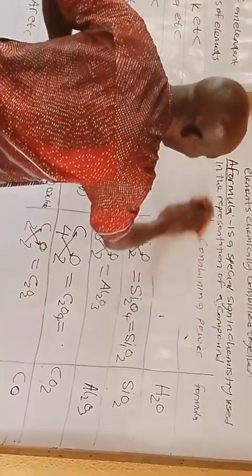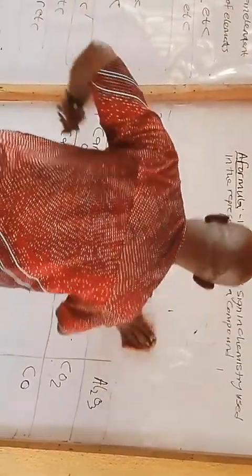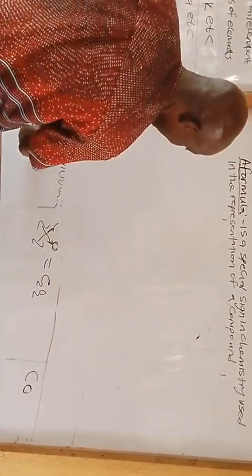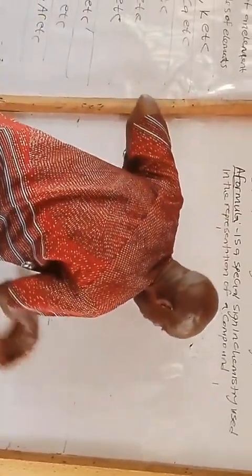You can move forward to look at another way of writing a compound. So I'm now moving from the simple to the complex one, where we are going to combine the knowledge of the periodic table with knowledge of some ions.